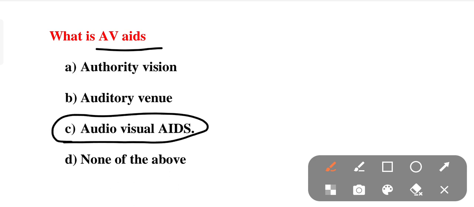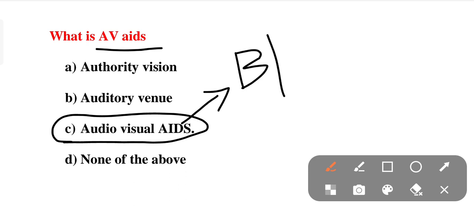Okay, audio visual aids are nothing but, in the educational system, we are using some materials to teach and to learn. Okay, so for example in the classroom we will use blackboard. For what purpose are we using it? It is a very easy method to explain something to the students.